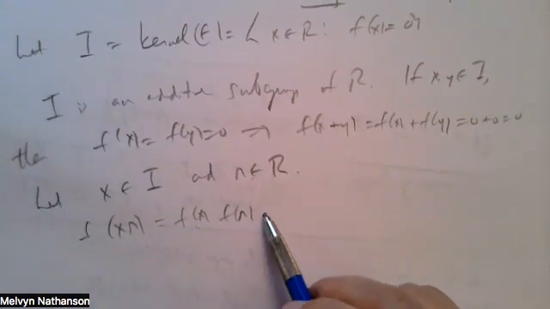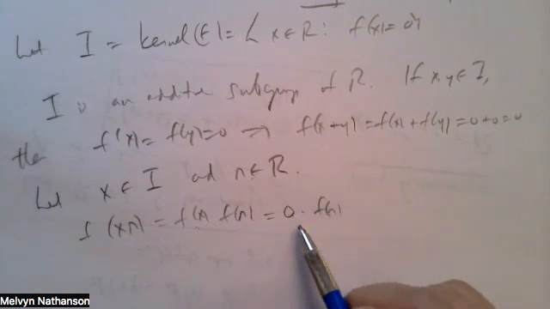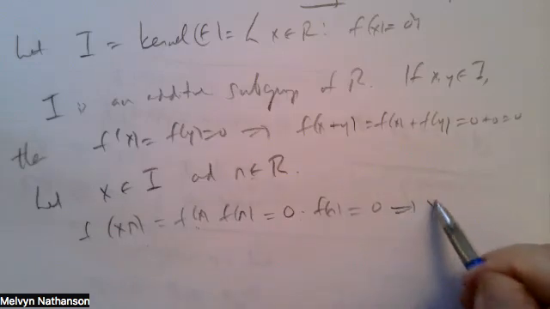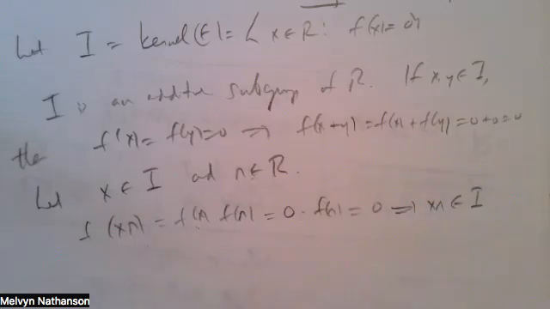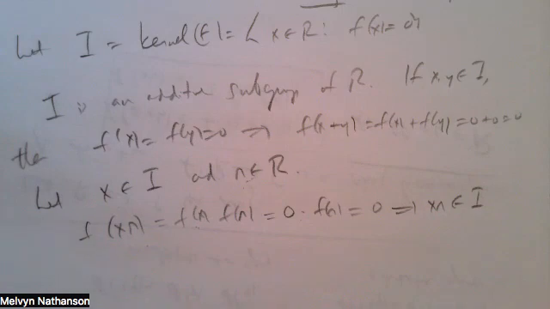So f of x is 0. I don't know what f of r is, it's whatever it is. But if you multiply anything by 0, you get 0. So xr is also in this kernel. So if you take any element in the kernel and you multiply not just by another element in the kernel, but in fact by any element in the ring, you get 0.